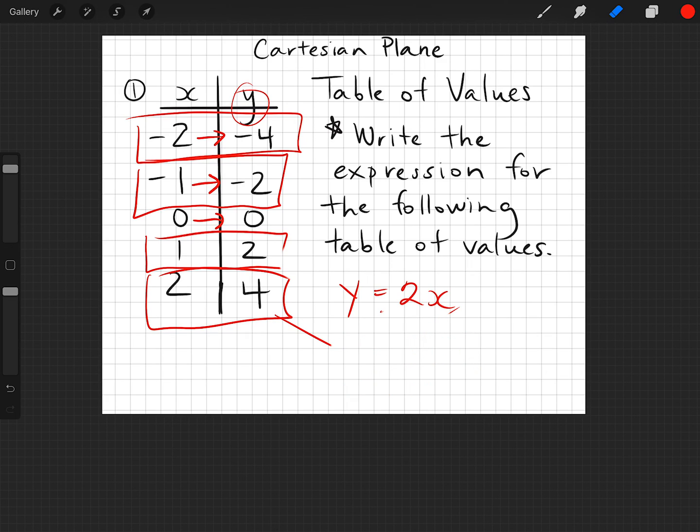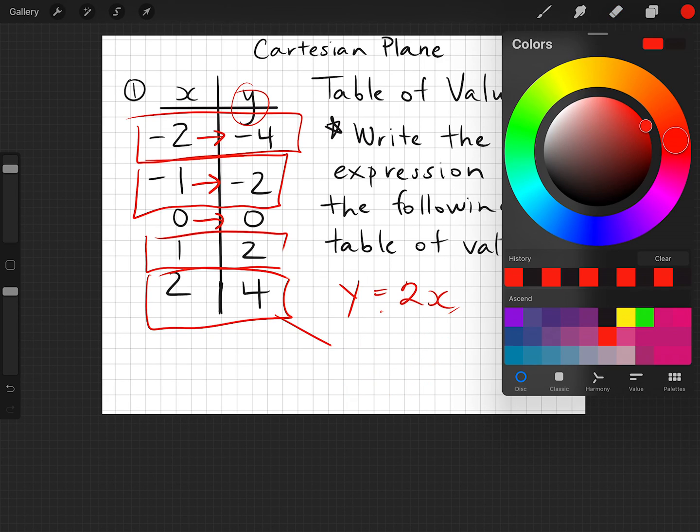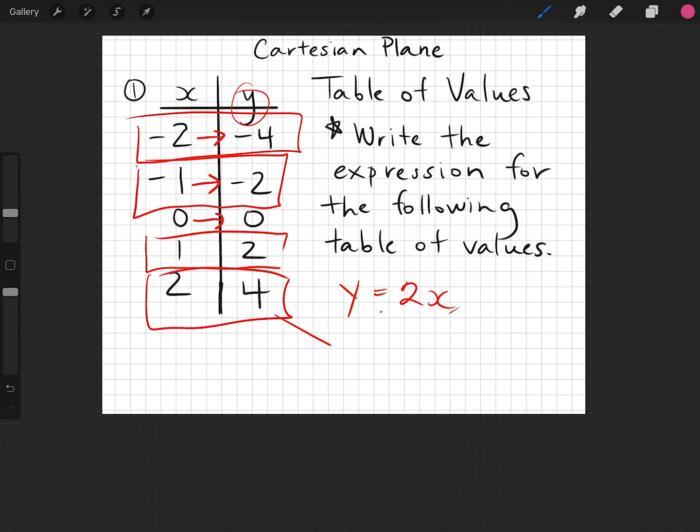Okay, so let's focus in on, let's do this one again. So see this one, -1 and -2? Let's try those values. So if I look at my y value, where do I put that? Yeah, is equal to 2. And what's the x equal in this case?